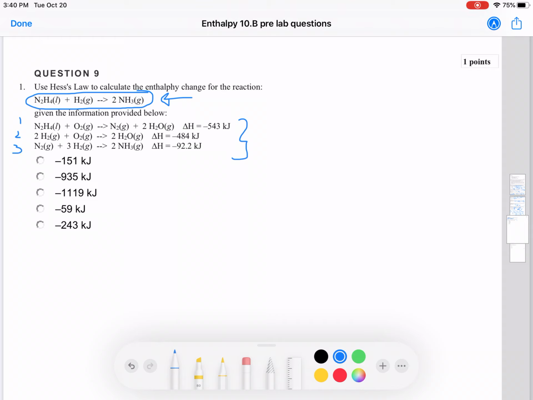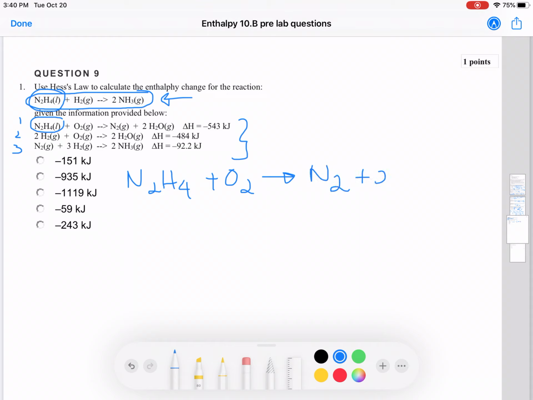First one, N2H4. In our target reaction, N2H4 is a reactant. Here also N2H4 is a reactant. So we're going to keep that reaction as it is, plus oxygen. We're not going to reverse, multiply or divide anything yet.